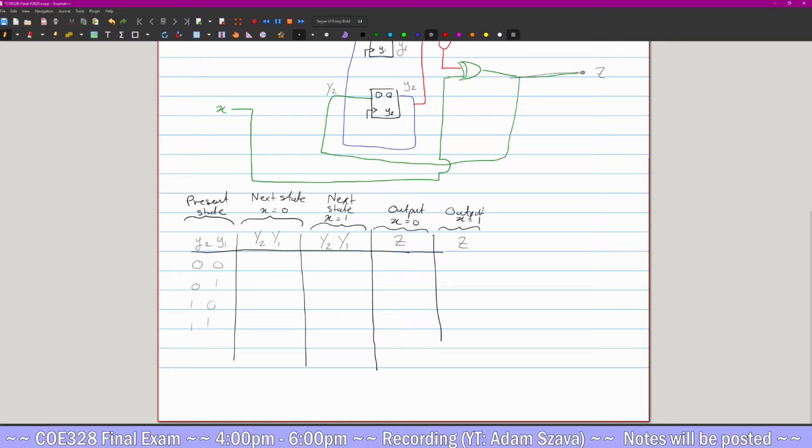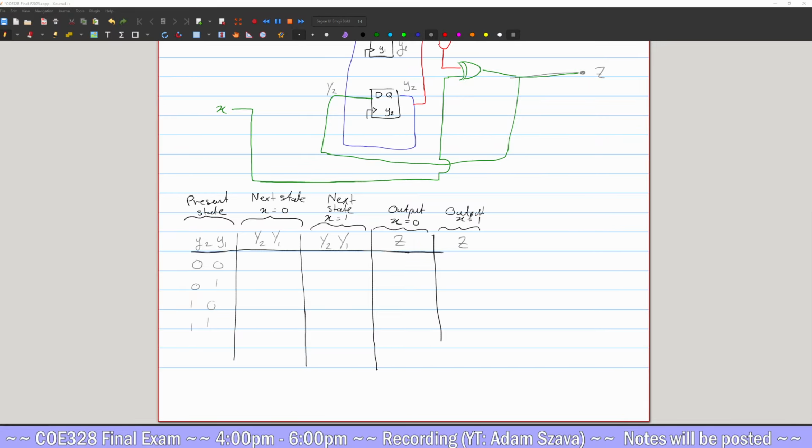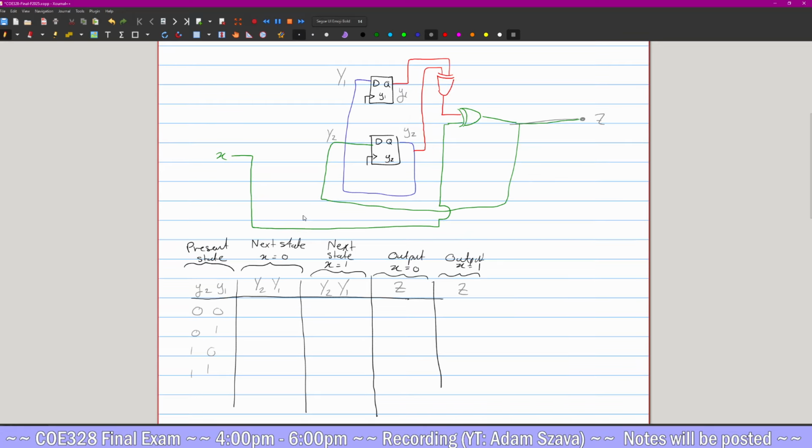How do we know whether it's Mealy or Moore? This is the typical question we have from our FSM lab. Mealy machines have an output based on the current state, of course, but also the current input.